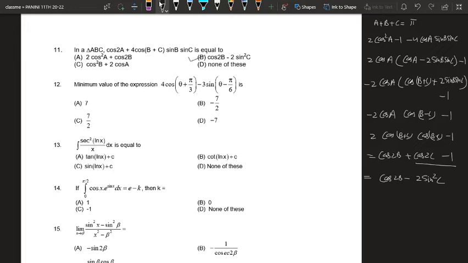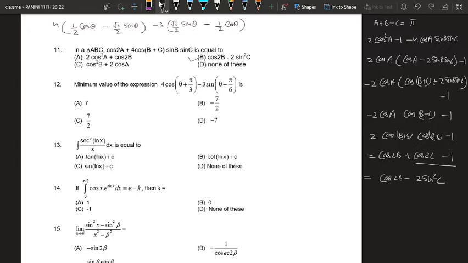If we open both the formulas, we get 4 times cos theta cos pi by 3, minus sin theta sin pi by 3, which is root 3 by 2, minus 3 times sin theta cos pi by 6, and cos pi by 6 is root 3 by 2, and minus cos theta sin pi by 6.